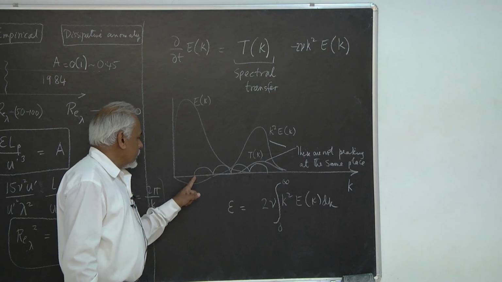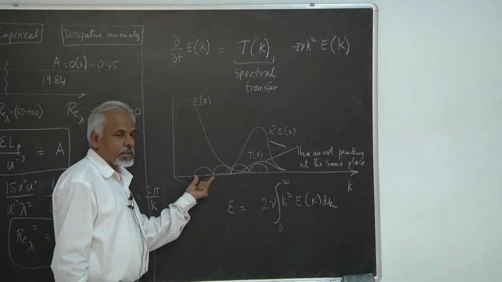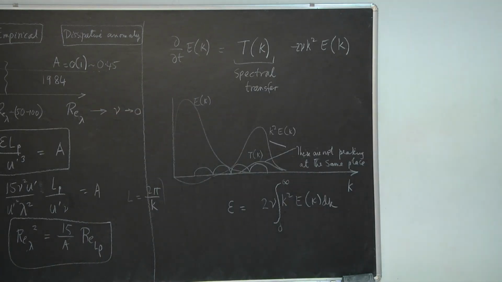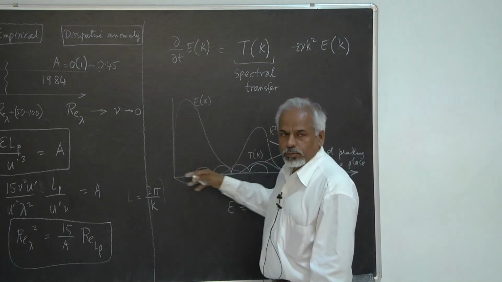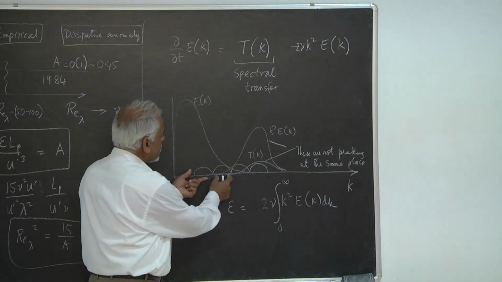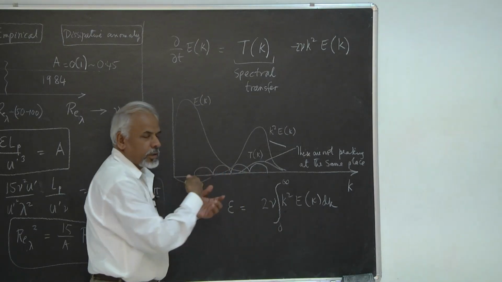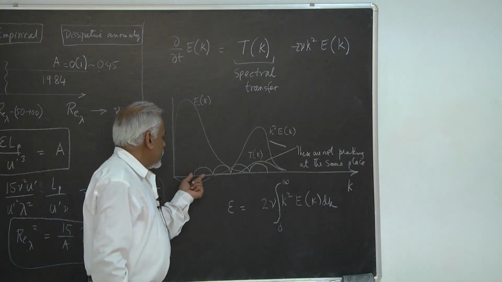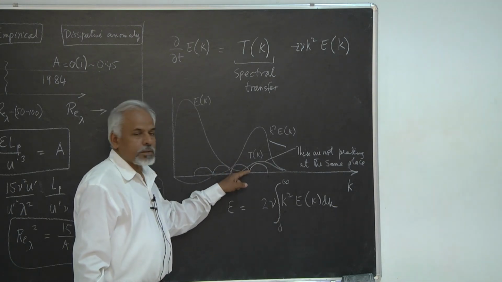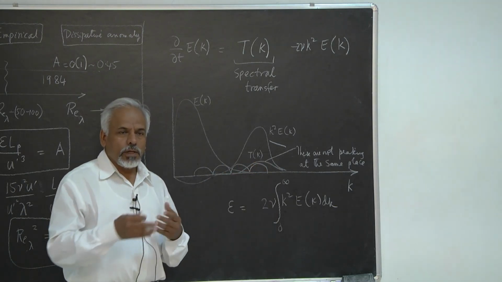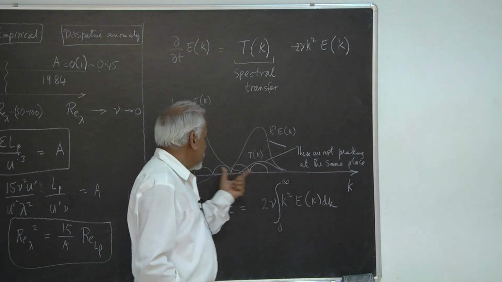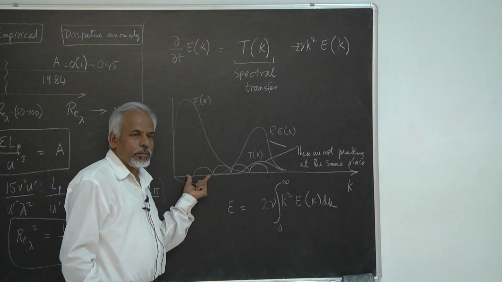Now, by the time this one gives up its energy to the next scale, which is typically of this order, LP by U, because this is LP and U prime is its fluctuation, already the whole thing has decayed. What it means is that these time steps are becoming much smaller. You see, the main time scale is this, and then this time scale will be half as small, and half as small, etc. So in a way, the total time, which is the sum of all of them, is more or less determined by the first step.